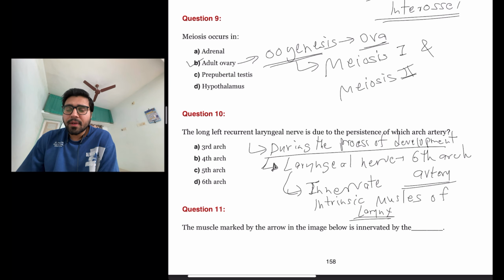So the long left recurrent laryngeal nerve is due to persistence of the sixth arch artery.